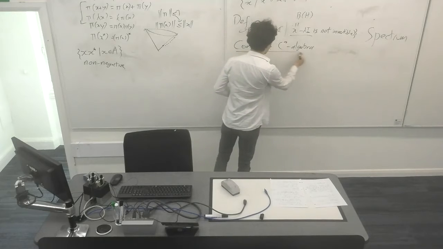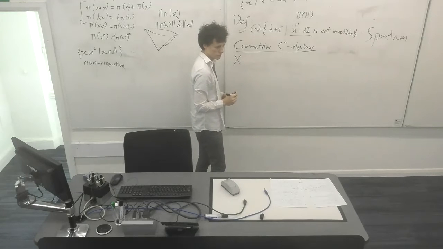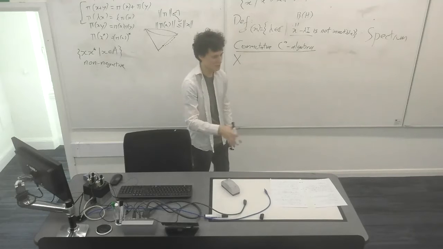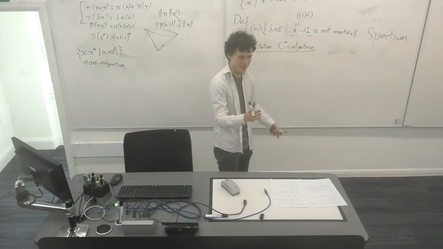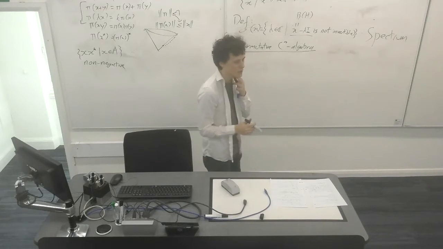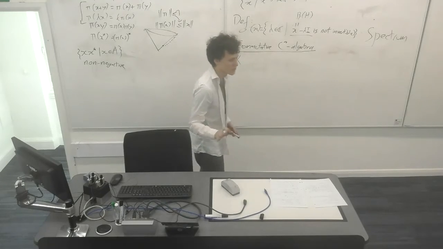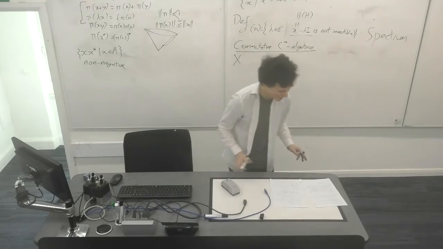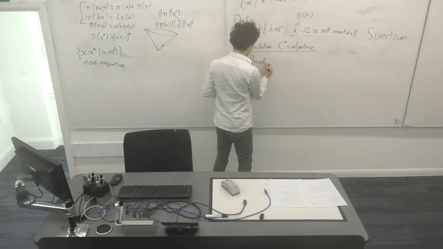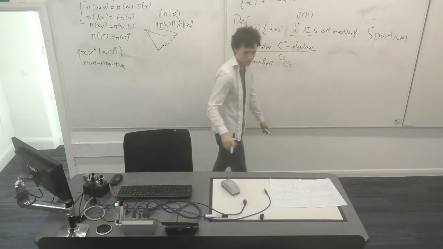We'll take X to be a topological space. It's Hausdorff, meaning any two points have distinct open sets around them.